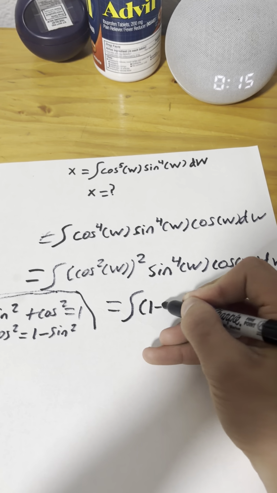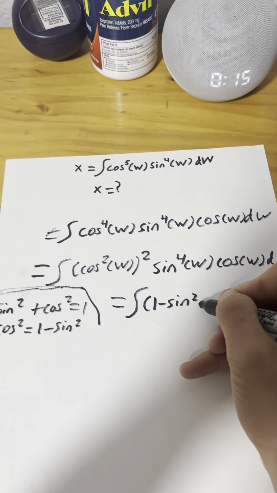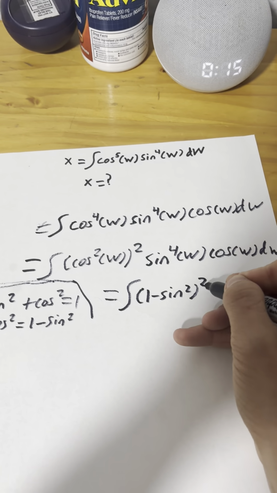So this will be 1 minus sine squared times sine to the power 4 w. Pretend there's a w there. Times cos w dw.